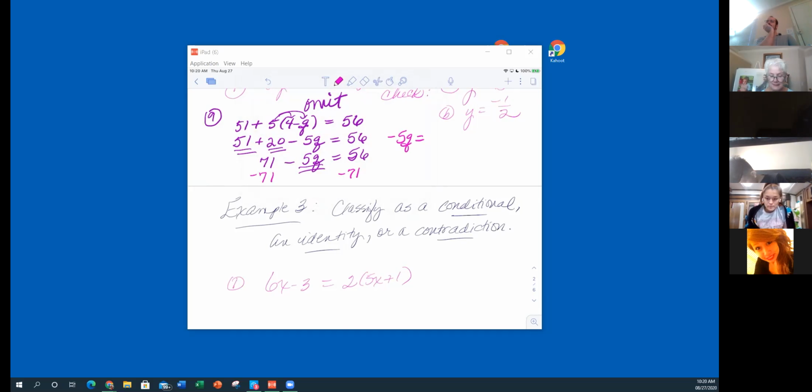The signs are opposite, so I'm going to subtract, and that gives me 15. The larger of the two numbers is negative, so that becomes negative. Then I'm going to divide both sides by negative 5, and I get q is equal to 3. And I would recommend checking that as well.